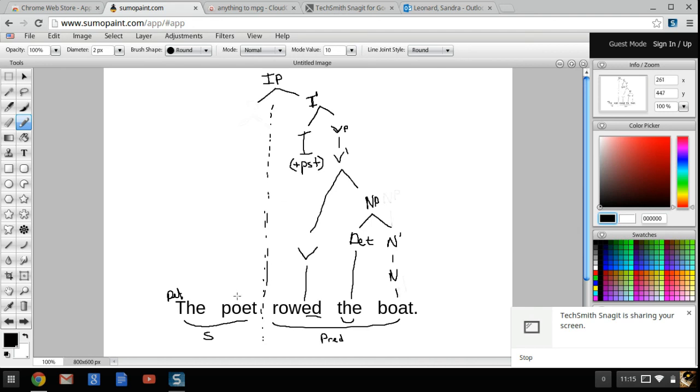I'm still starting to the right and not with the determiner, just because, habit, and because what's the head of this phrase? Poet. It's not the. What's that? It's a noun. Forms one big noun phrase, the poet. And what is the? Yes, it's a determiner.